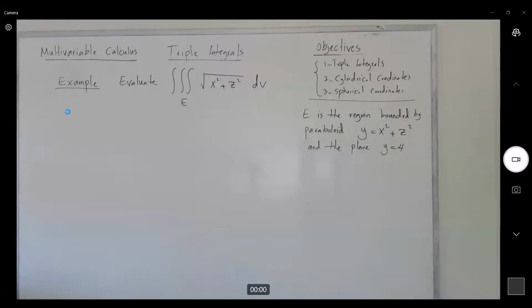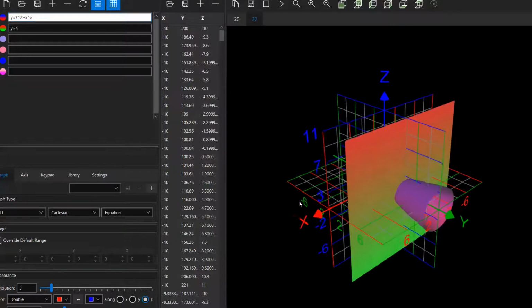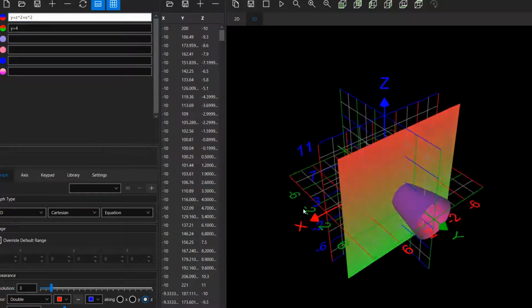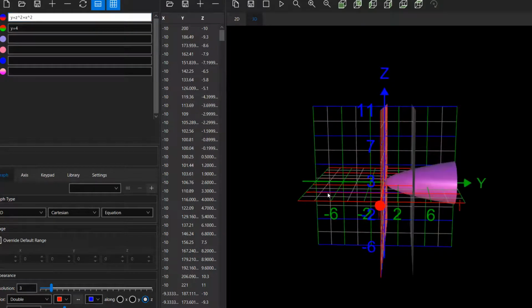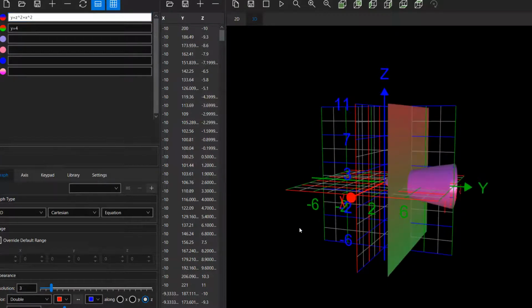Let's take a look at the region. As you can see, here you have z squared plus x squared equals y, and y equals 4 is this plane.